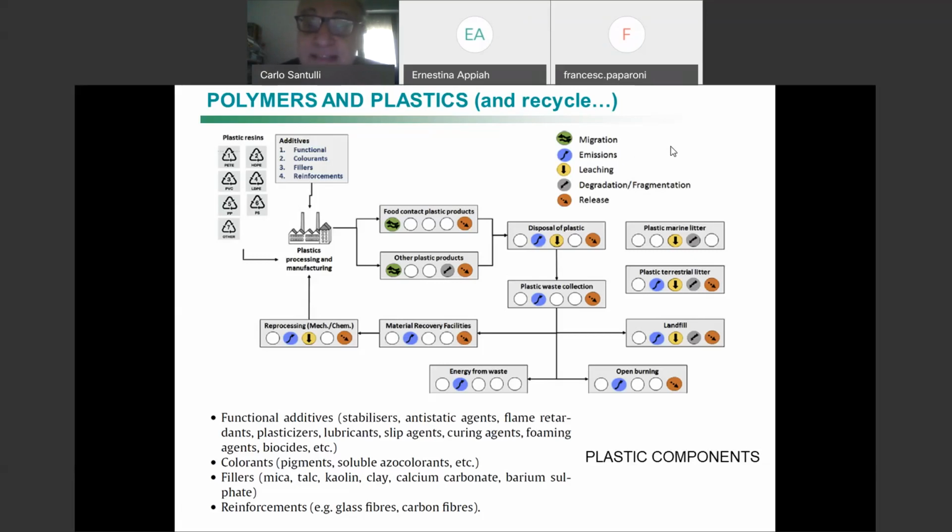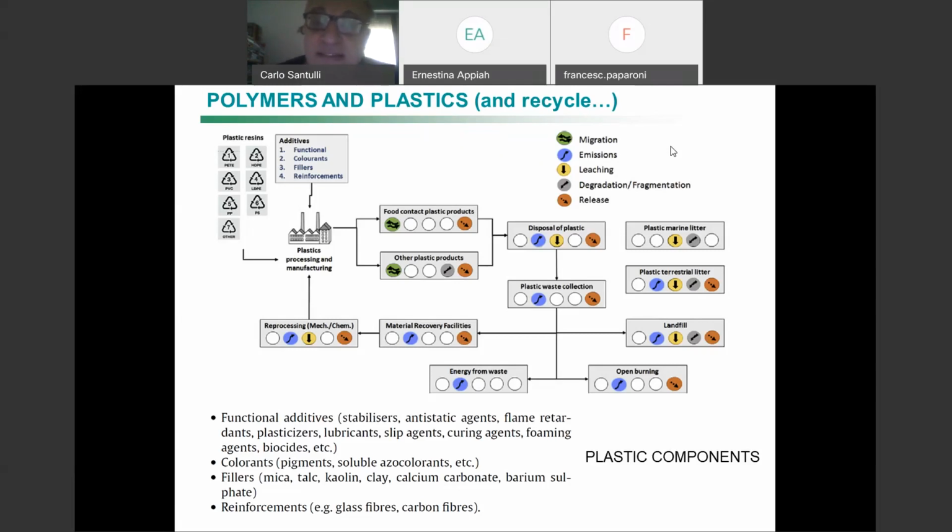Landfill plastics means that we can have emissions. Emissions means that something burns and you might have gases or vapors which might contain some toxic substances. This is very general. Leaching means into water. They can degrade, which means that you can have the so-called microplastics.